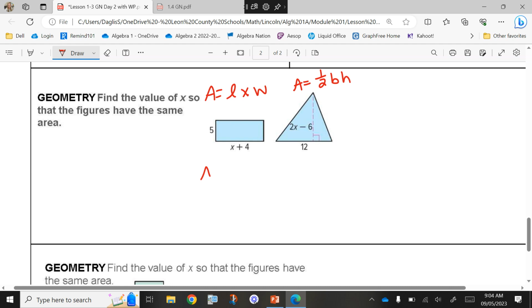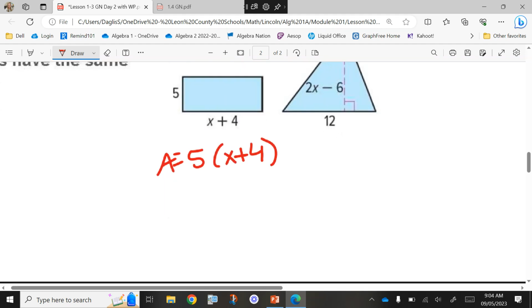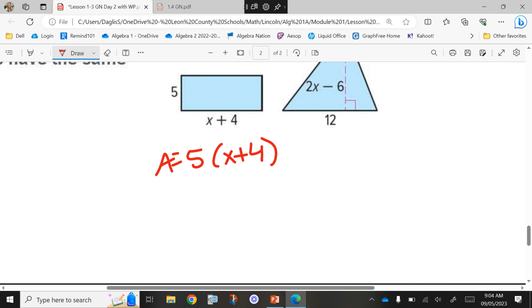So I'm going to put 5 out here first, 5 times x plus 4. What is 5 times x? 5x, good. And what is 5 times 4? 20. So the area of that rectangle is 5x plus 20. That's step 1.